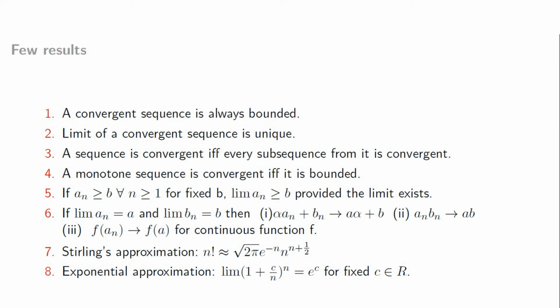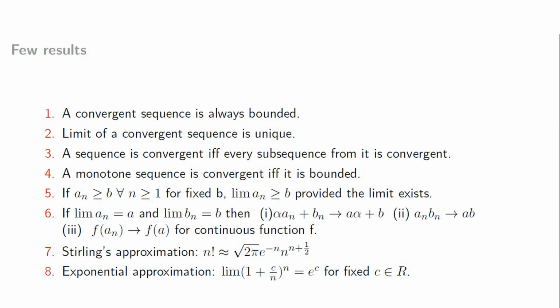So let us discuss a few results regarding convergence of sequences. First, a convergent sequence is always bounded. Second, the limit of a convergent sequence is unique. A sequence is convergent if and only if every subsequence from it is convergent.